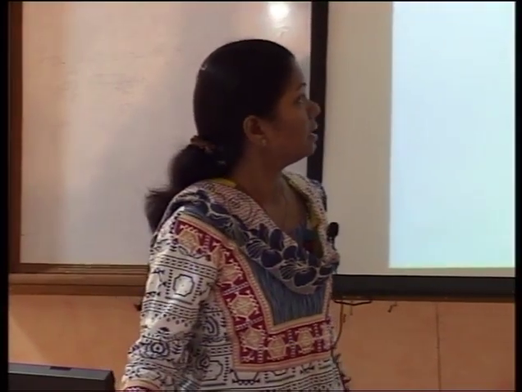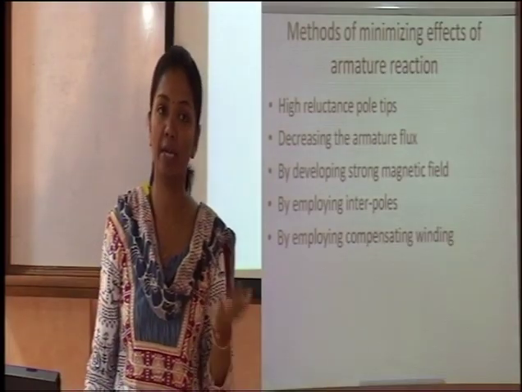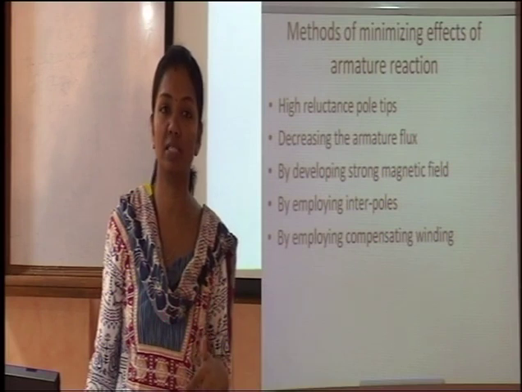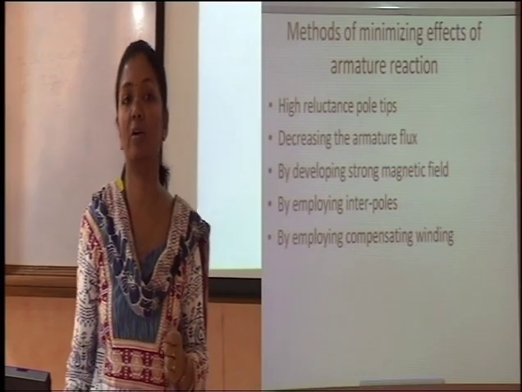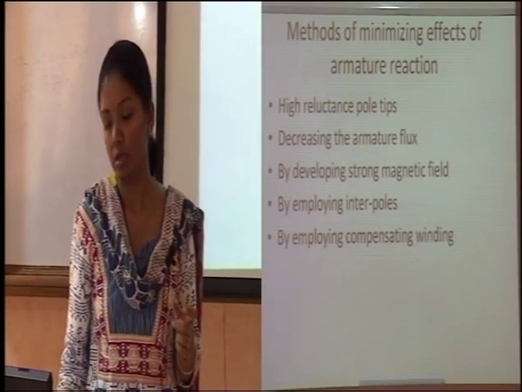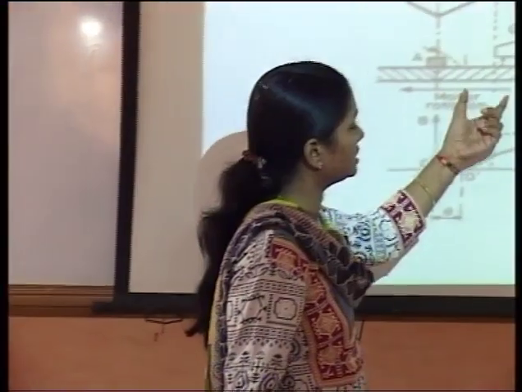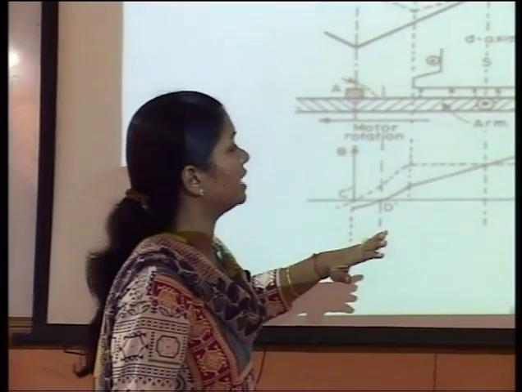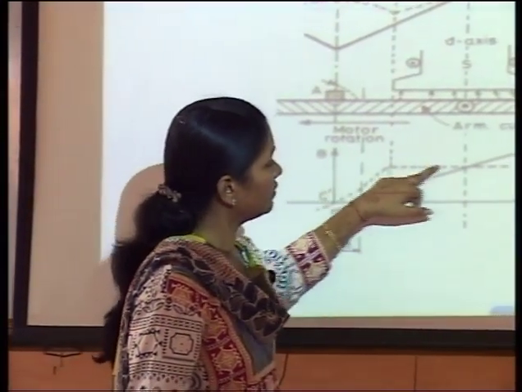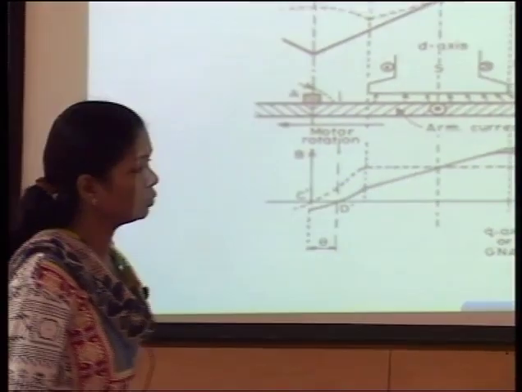And last is by employing the compensating winding, that is the winding located on the pole faces, but they carry the current of the armature. So they produce the same effect as the armature conductors, but in the opposite direction, so that the flux density under the pole becomes uniform.